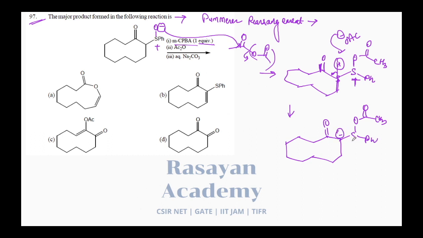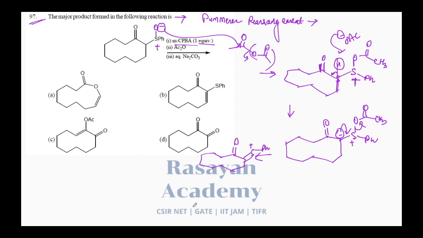Okay, so the negative charge falls over sulfur and the whole group is going to leave because it is a good leaving group, the acetate, right? And you are going to form some kind of a sulfonium ion, isn't it? Yes, a double bond between S and C, and a positive charge on the sulfur.